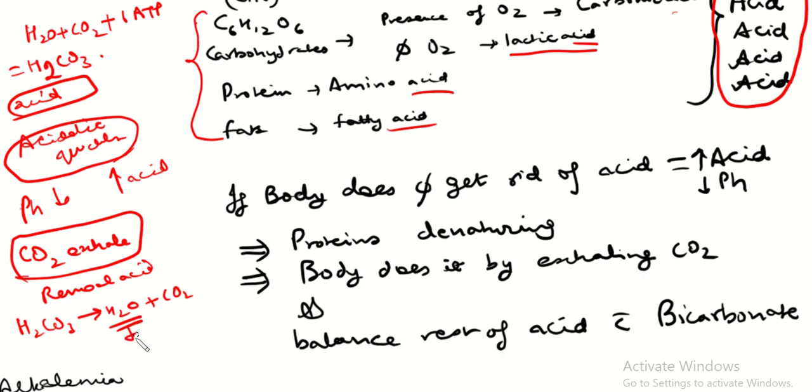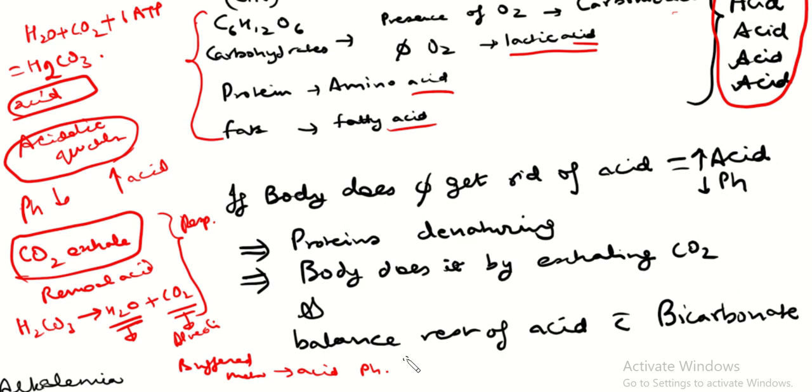So the water remains in the body and CO2 goes to the alveoli where it's breathed out. And whatever acid is not exhaled is buffered by the metabolic side. So the respiratory side exhales CO2 and the metabolic side buffers the rest of the acid in the body so that the pH remains within the normal range, which is 7.35 to 7.45.